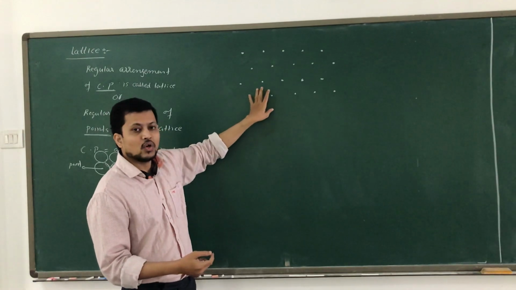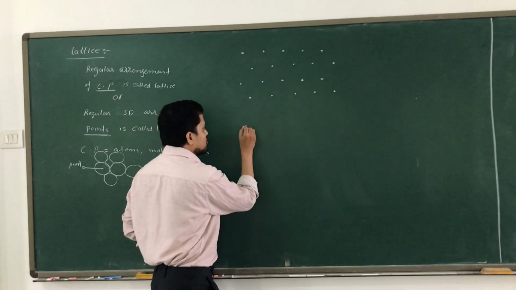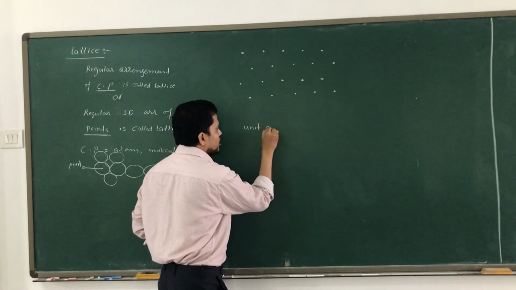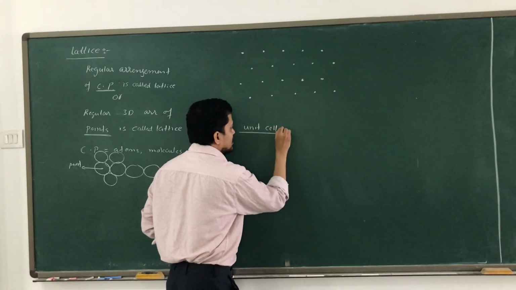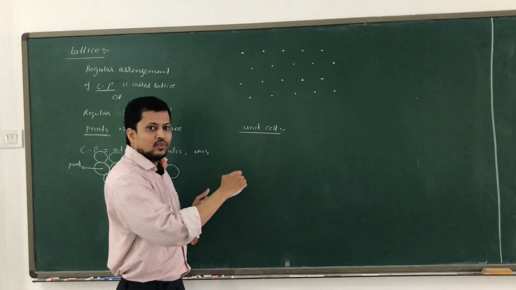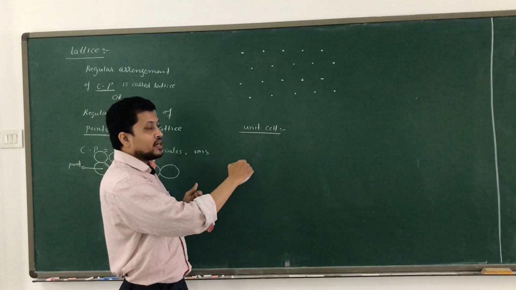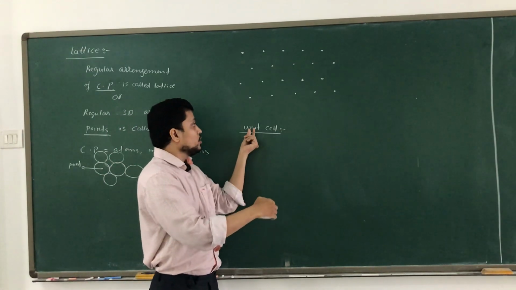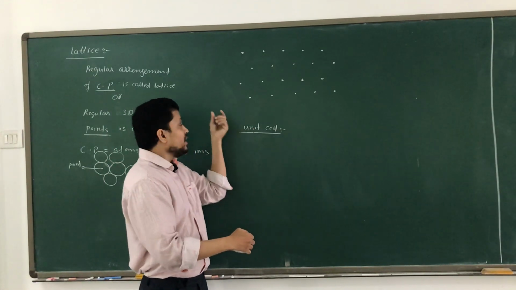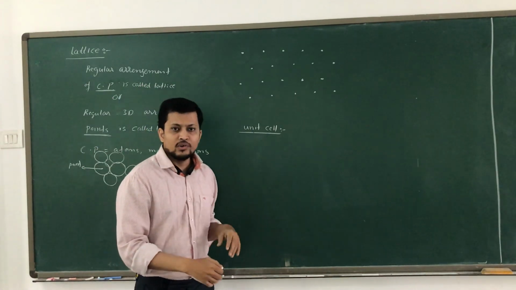It is called a unit cell. So here I am going to write unit cell. So what is a unit cell? The regular three-dimensional arrangement of units, which makes a lattice, is called a unit cell.